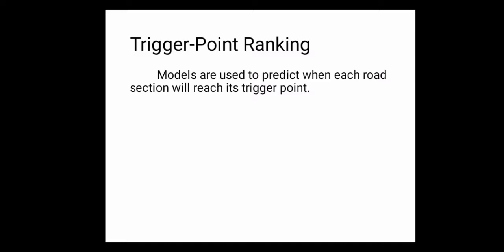So, the trigger point ranking models are used to predict when each road section will reach its trigger point. That is, instead of separating the network into two groups, present needs and later needs, this method separates the pavement sections into, let's say, 6 groups according to the year when action will be needed, as illustrated earlier in figure 21.19.